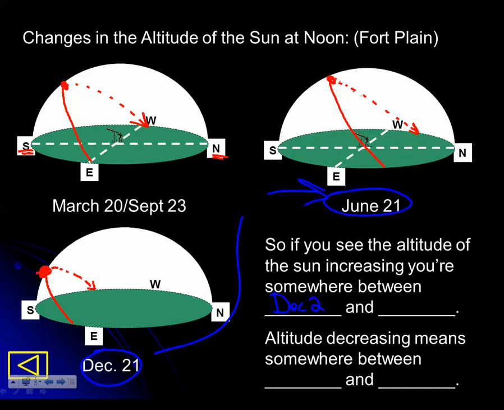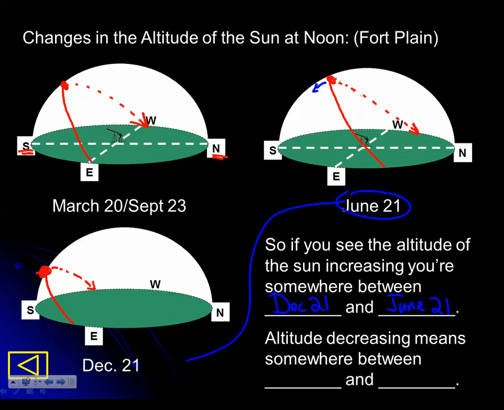However, if instead you see the sun getting lower in the sky every day at the same time, usually we measure this at solar noon, then you must be at this point after June 21st, moving towards December 21st. So everything just flip-flops here.